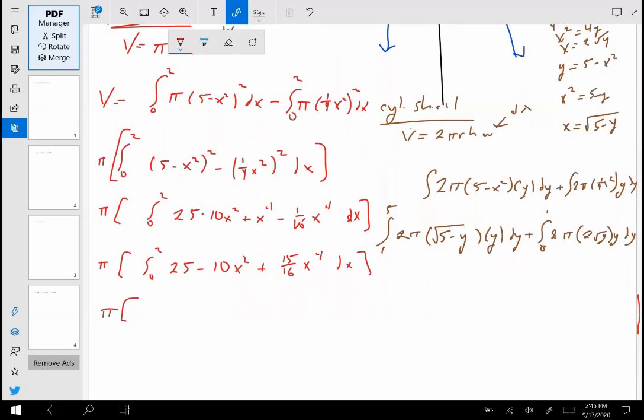That's going to be 25x minus 10 thirds x cubed plus 3/16 x to the 5th, and we'll evaluate that from 0 to 2.